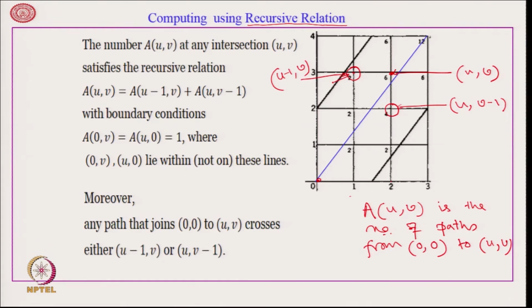Therefore, we can say that A_uv is equal to A_(u−1,v) plus A_(u,v−1).